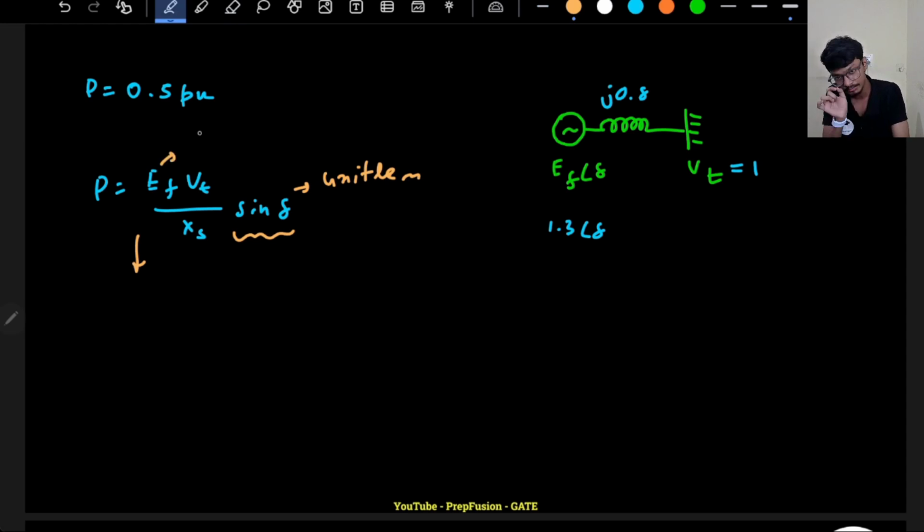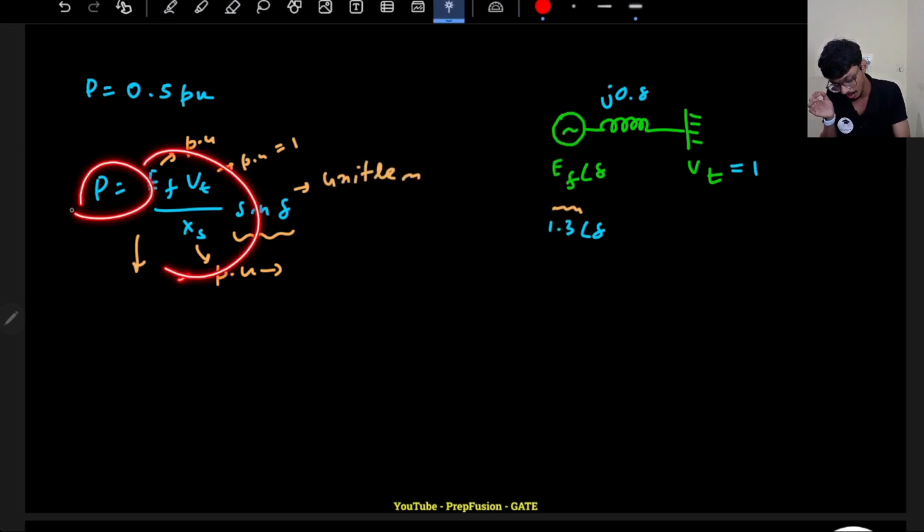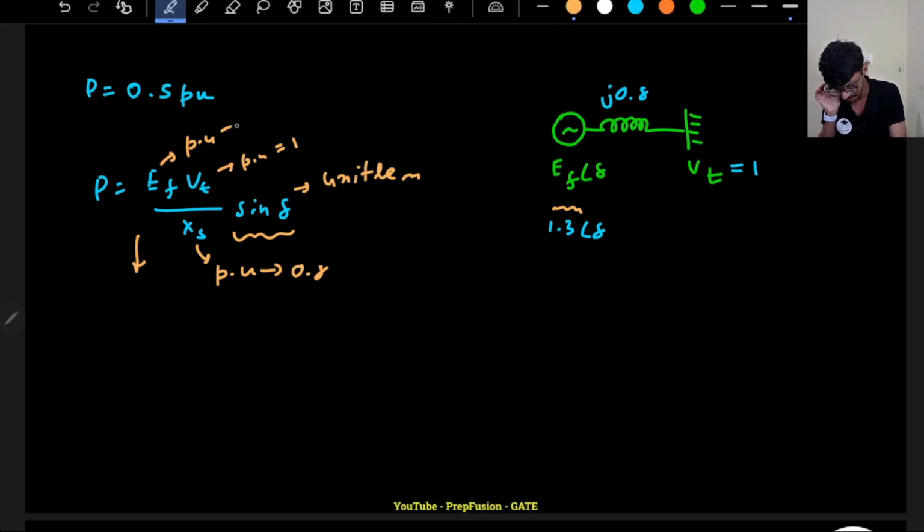EF is given to you as 1.3. Vt I know is 1. If everything is per unit, then the power also will be in per unit. XS is 0.8, and EF is 1.3.